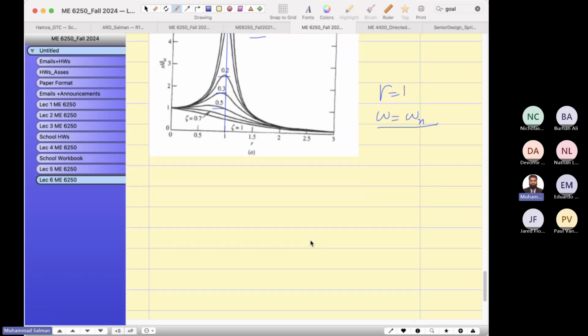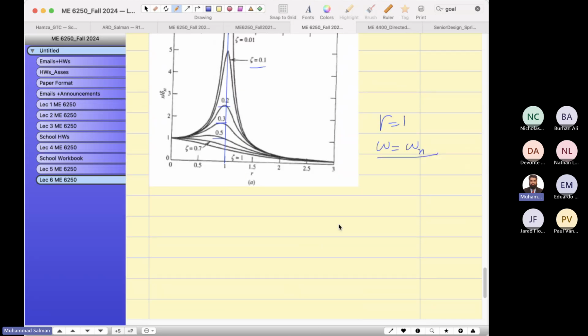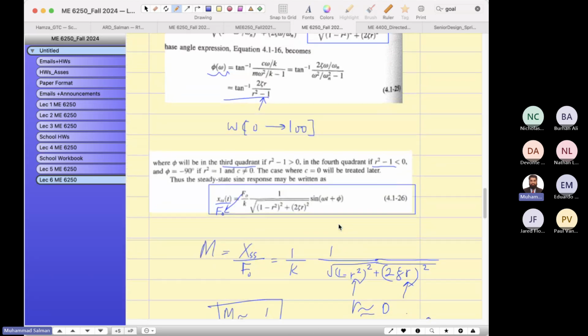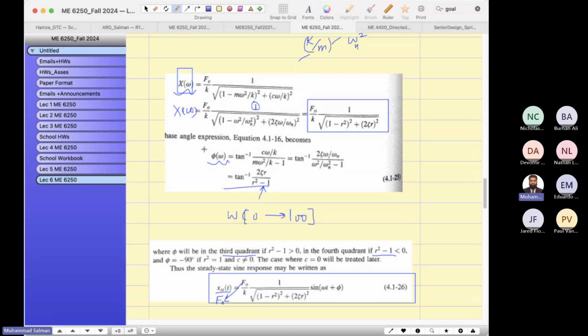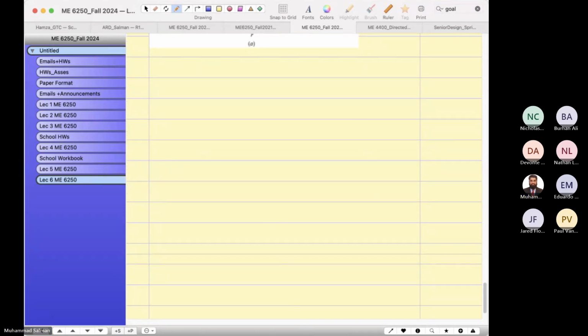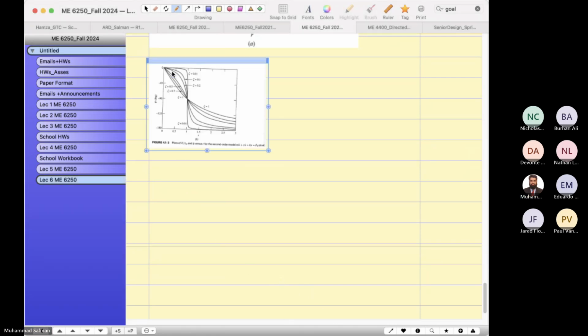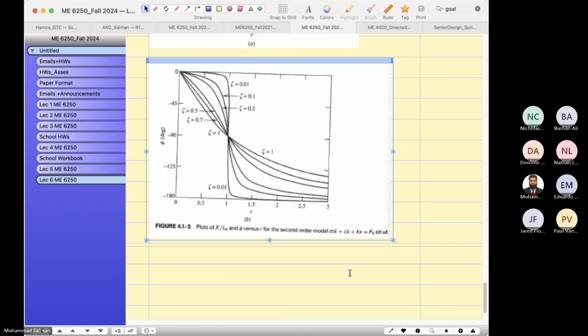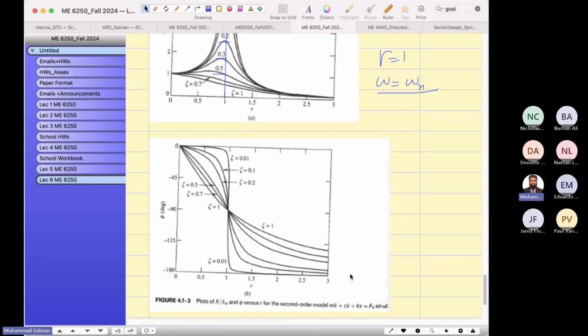I want to show you the second plot, which is the phase plot. The phase plot can be plotted by using this phase angle formula in MATLAB. So this is the phase angle.